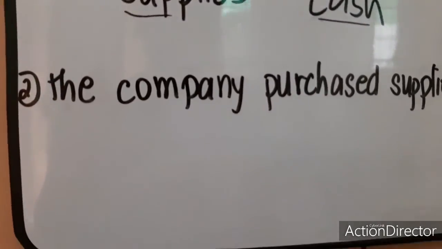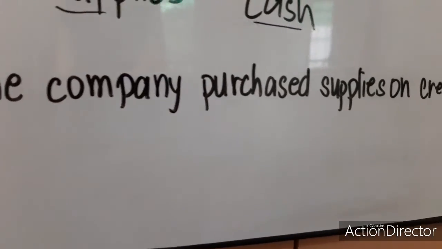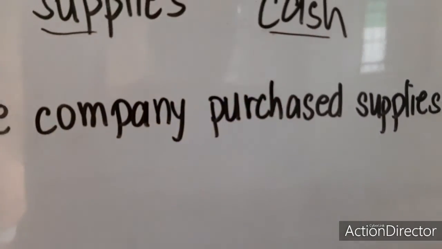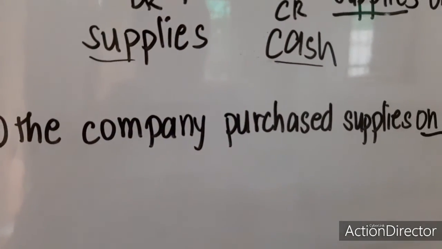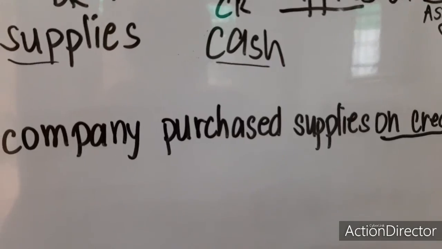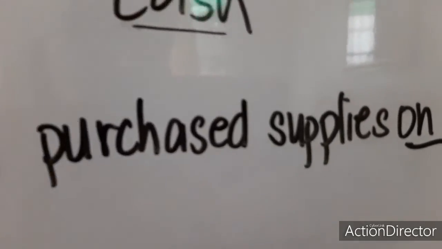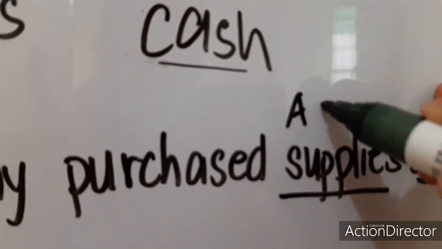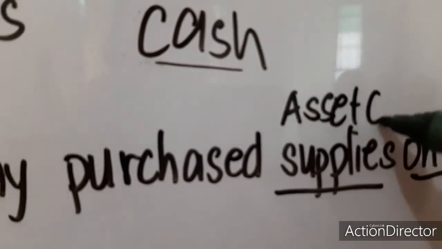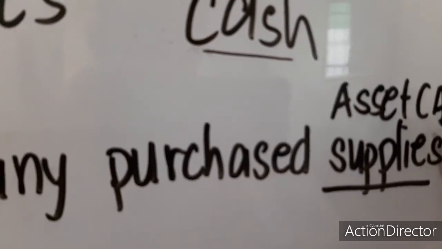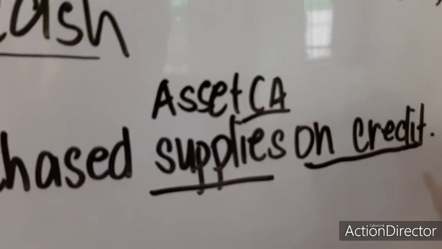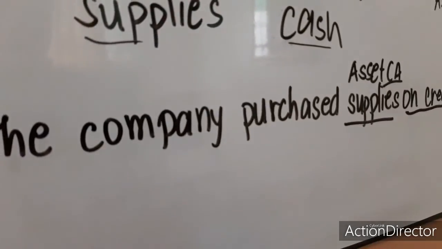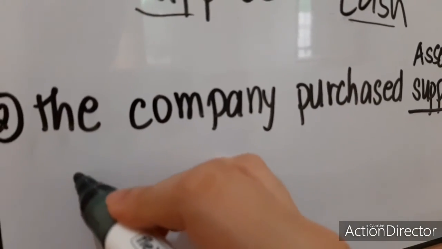Next we have the second scenario. The company purchased supplies on credit. Remember, again, we have to think of what the company received. That is supplies. Supplies is an asset, a current asset. So we have received supplies, that is a debit.